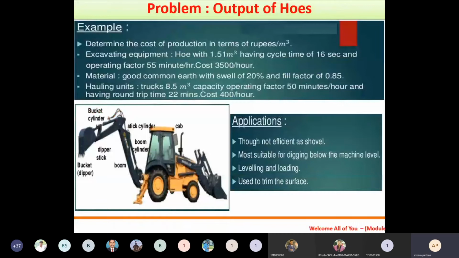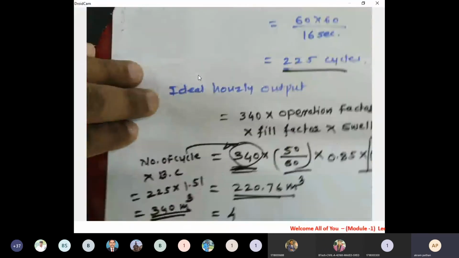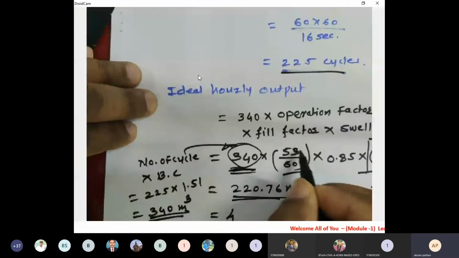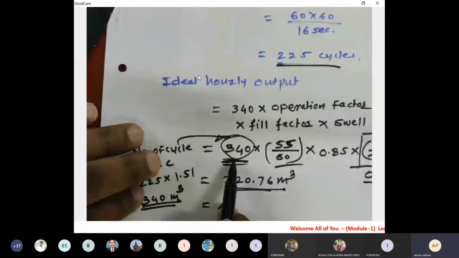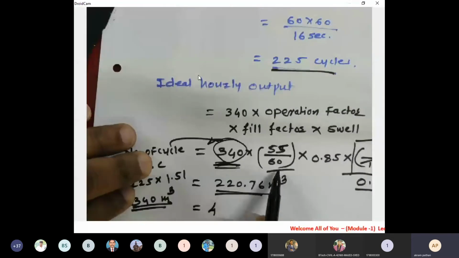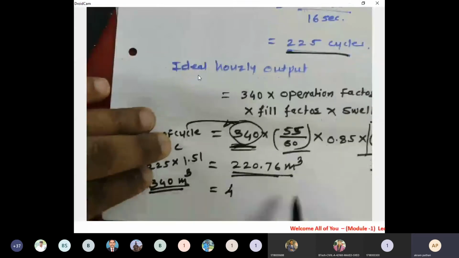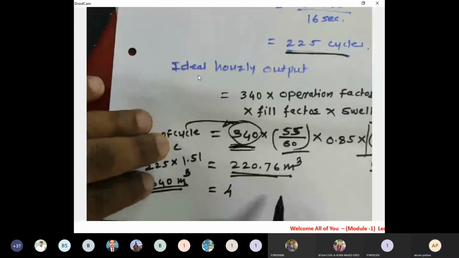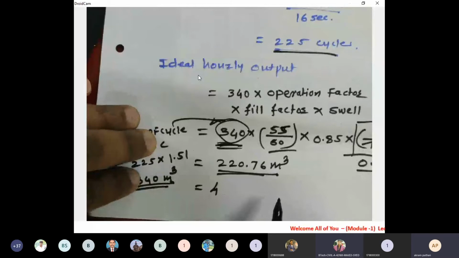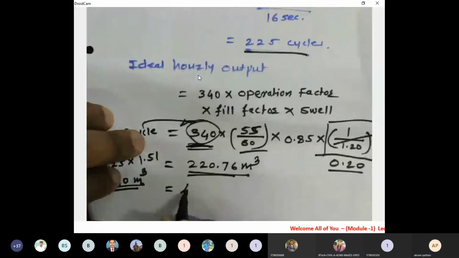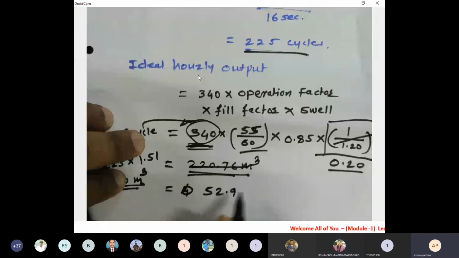Okay, yes, 55 is given. So 340 into 55 divided by 60 into 0.85 into 0.20. So how much is it after calculation? 52.98.